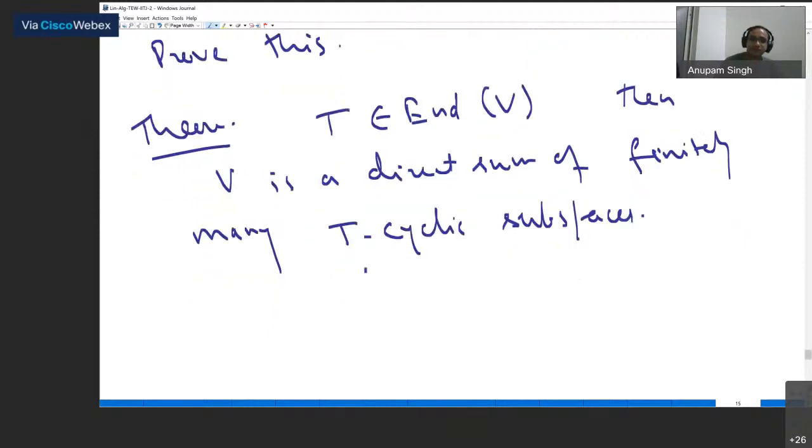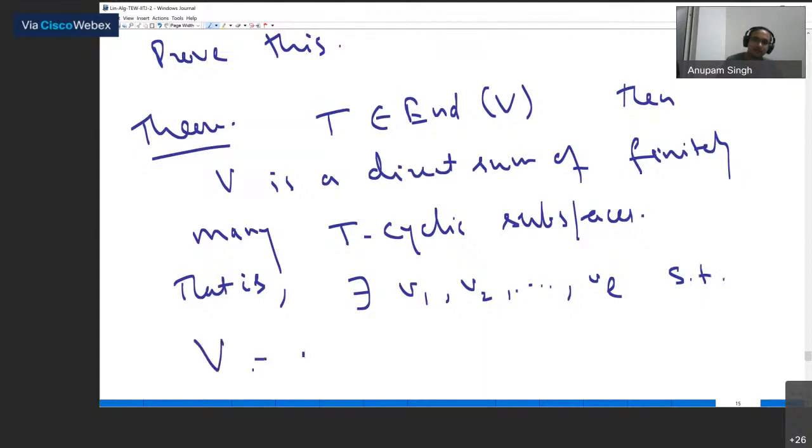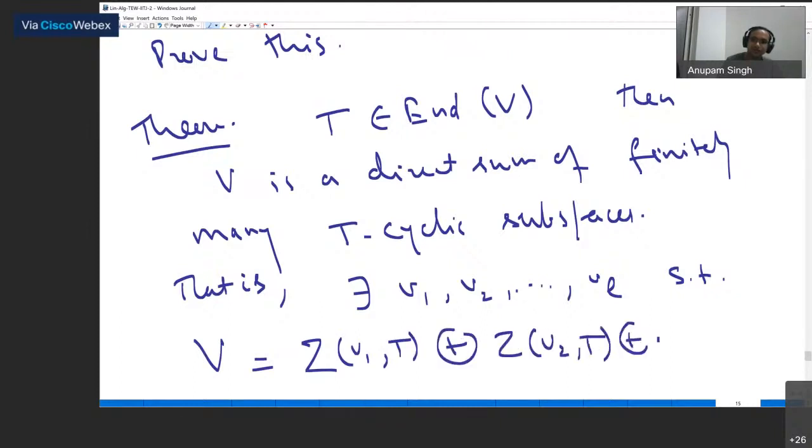That is to say, there exist some vectors v1, v2, ..., vl such that V is Z(v1,T) direct sum Z(v2,T) direct sum ... direct sum Z(vl,T).